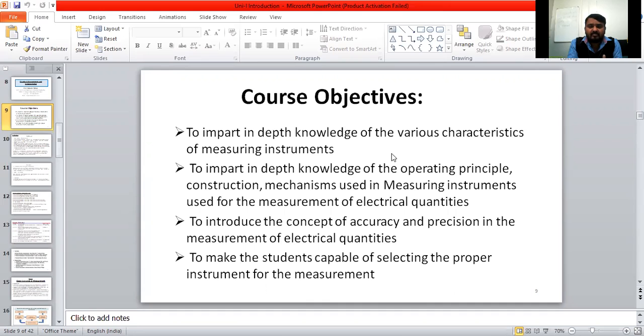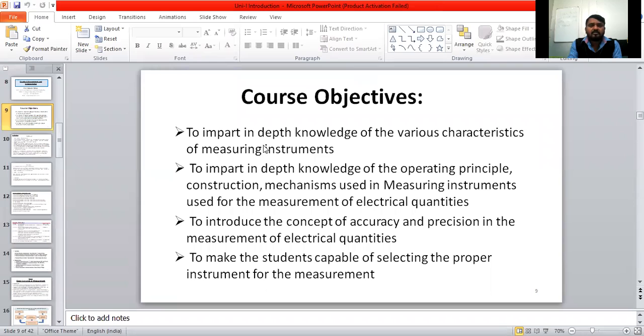First, in-depth knowledge of characteristics; then construction and operating principle; then the concept of accuracy; and third, identifying the instruments. These are the four objectives we are going to keep here.